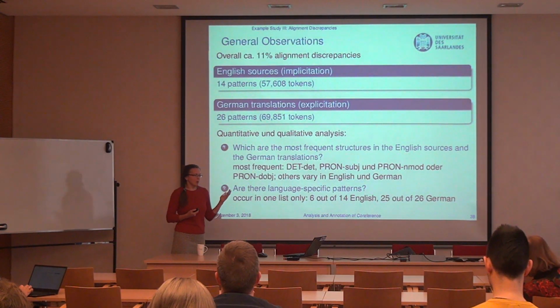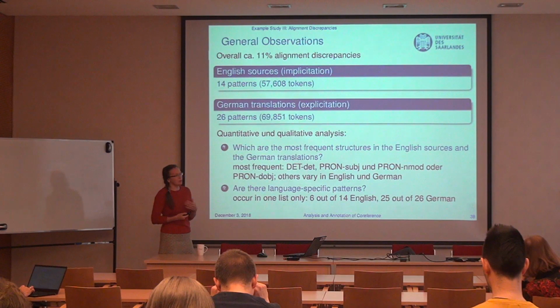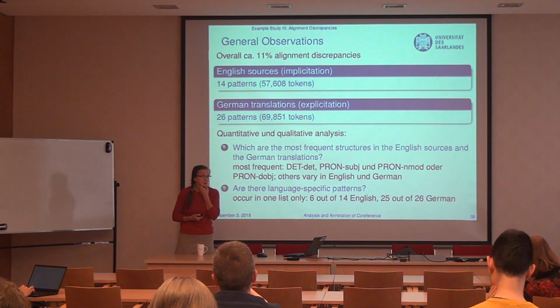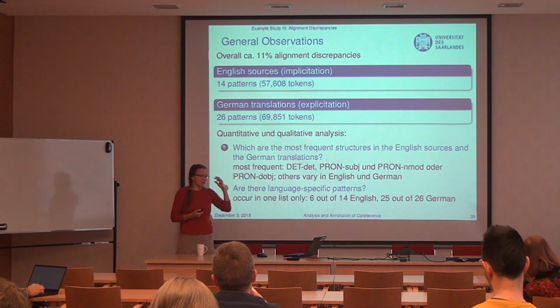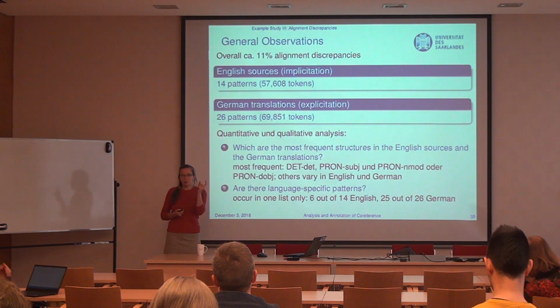And then we put a number of quantitative and qualitative questions. Which are the most frequent structures in the English sources and German translations, and are there any overlaps? So saying, okay, if we have this kind of patterns, universal part of speech and universal dependency marked patterns.